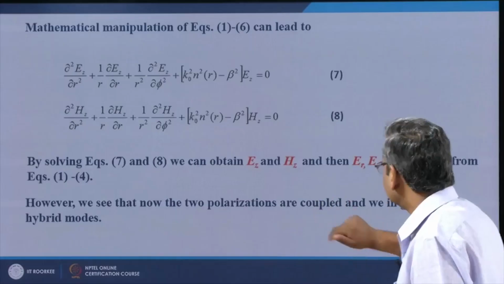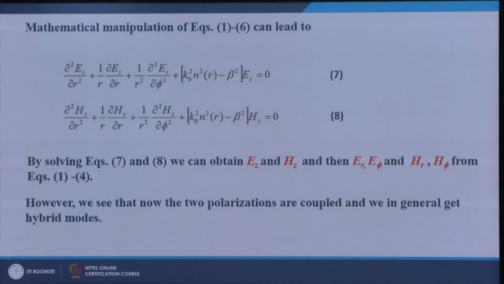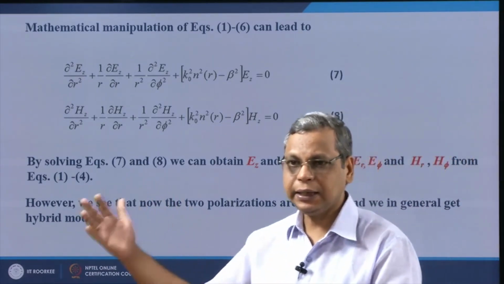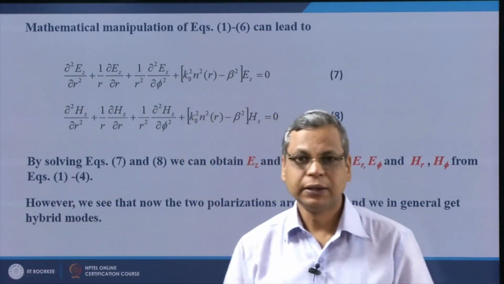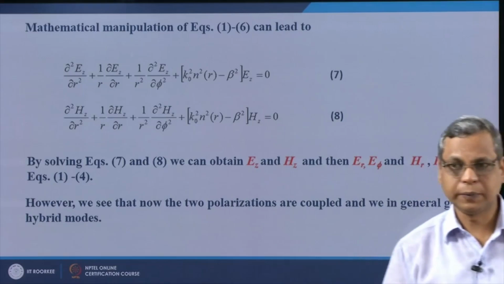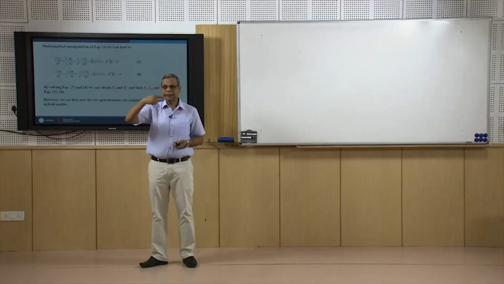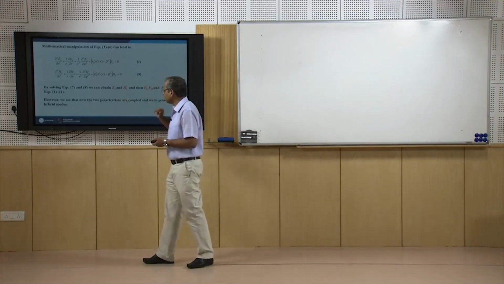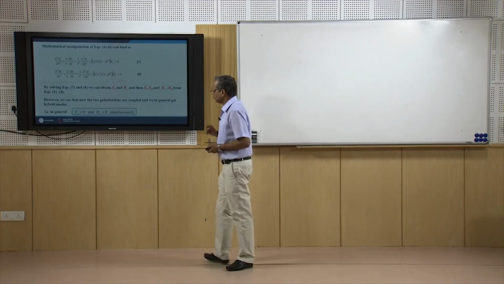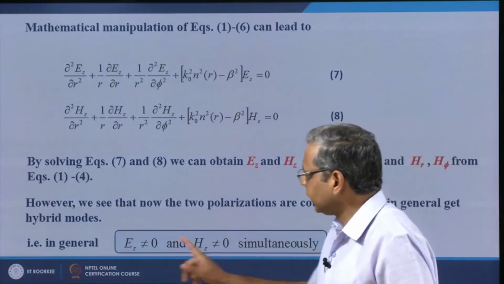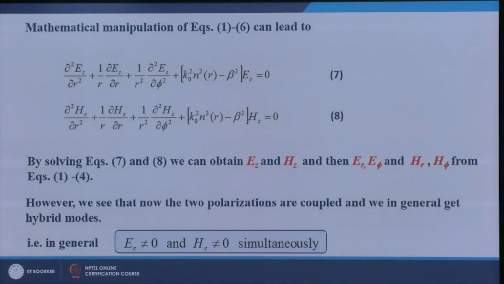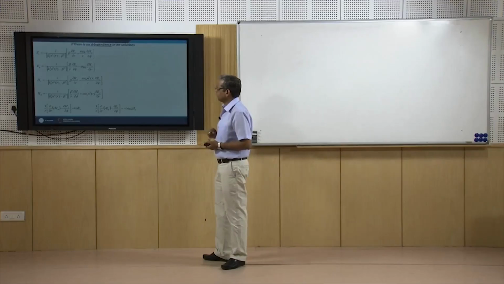So, two polarizations are coupled, and in general I will get hybrid modes. I cannot get TE polarization and TM polarization in general, which I could do in the case of a planar waveguide, but here in general it is difficult. So, Ez not equal to 0 and Hz not equal to 0 simultaneously are there, and I cannot decouple the two polarizations.